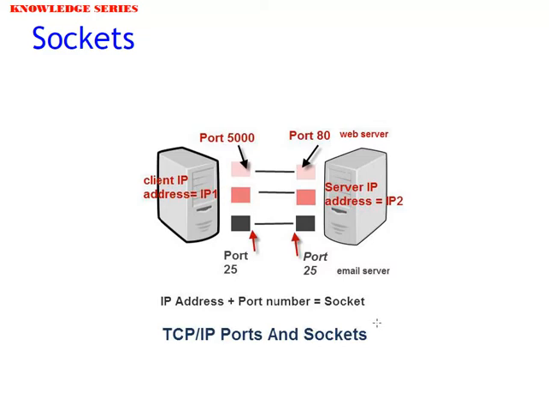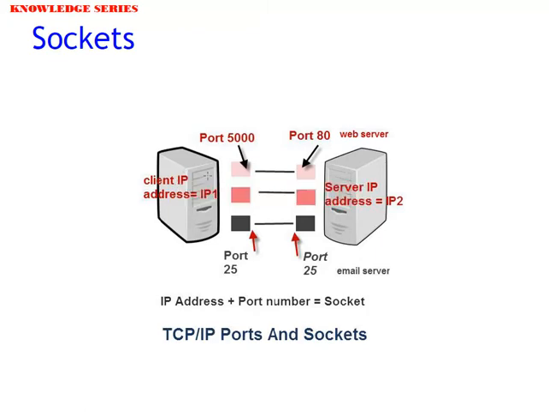Assume that you are looking for the Google website, and at the same time you are looking for the Yahoo website, two different websites. In that case, your PC will have its own IP. Let us take IP1, which is fixed. Now you need a port.